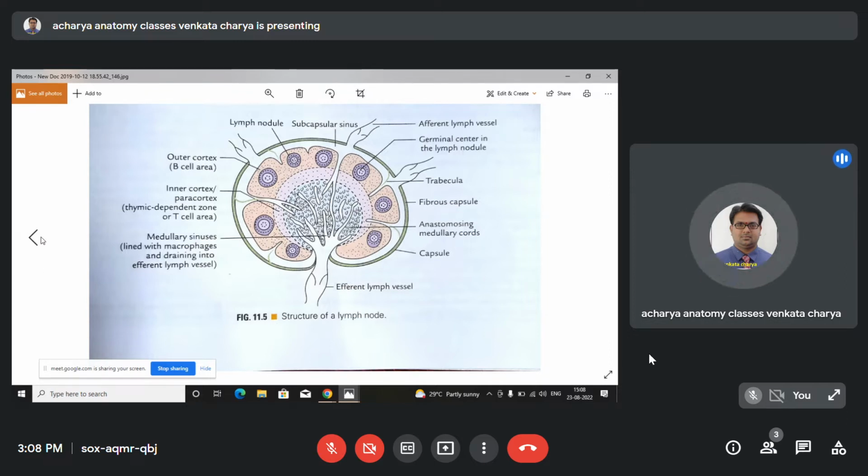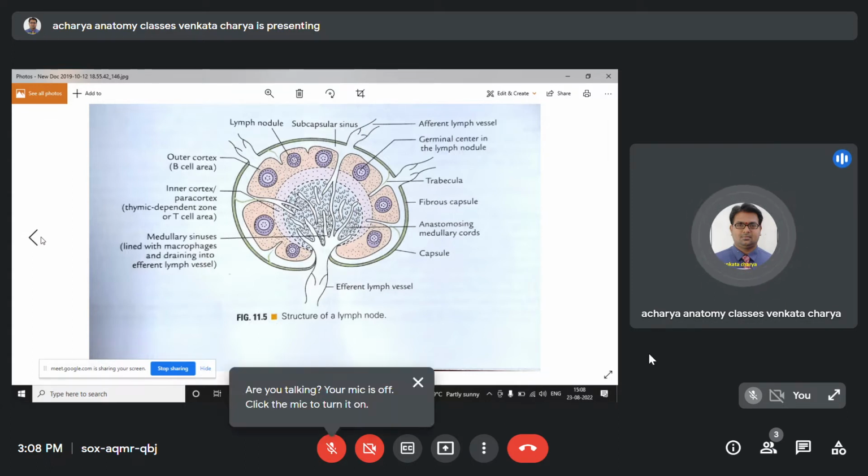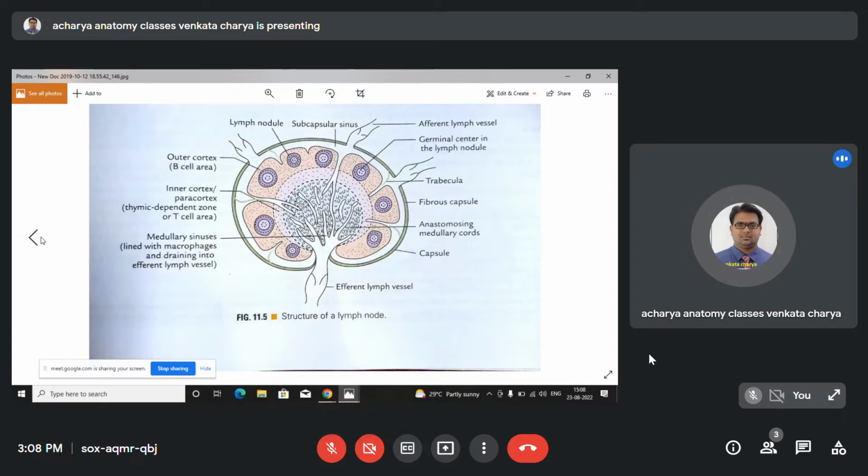Then you also have to draw this using colored pencils, two colors for H and E: hematoxylin and eosin pencils. First, the structure of the lymph node. The lymph node is covered by a capsule.